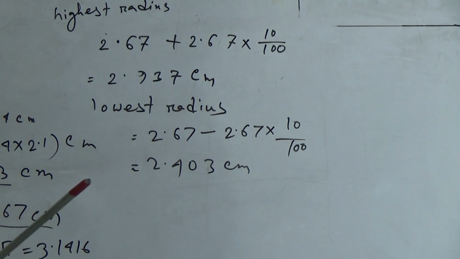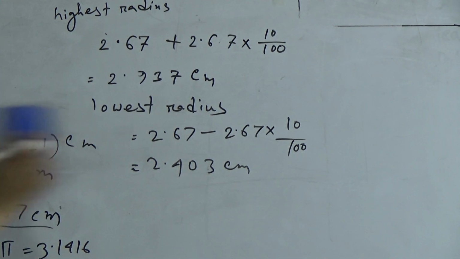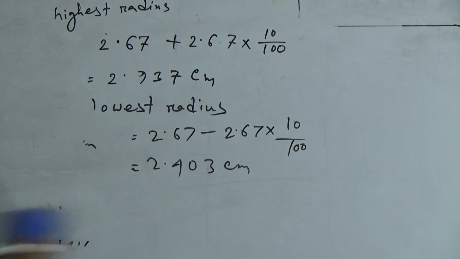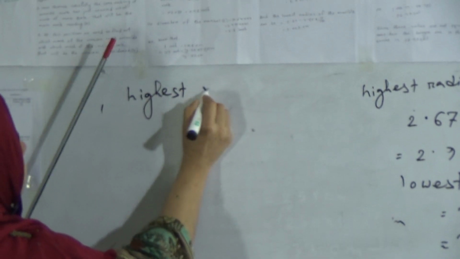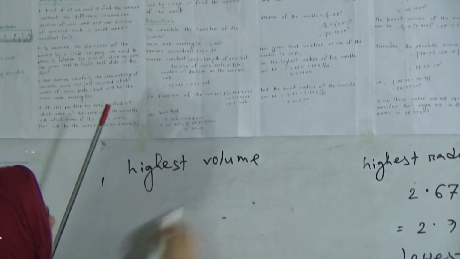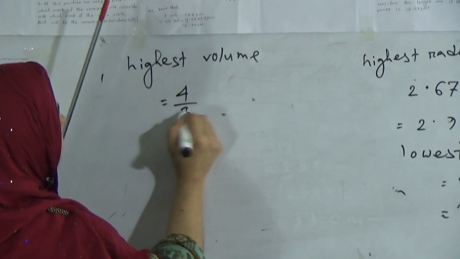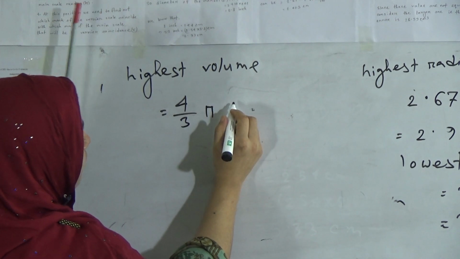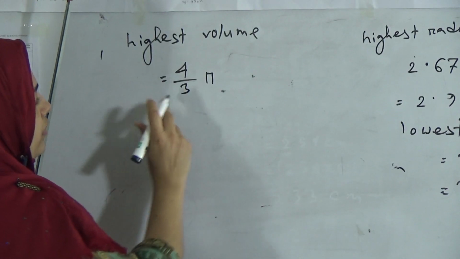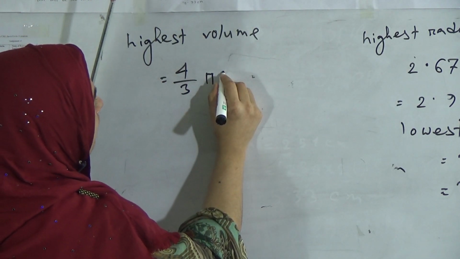Okay, my dear students, now I am showing this calculation. The highest volume of the marble can be 4/3, this is the formula of the volume, 4/3 pi r cube.